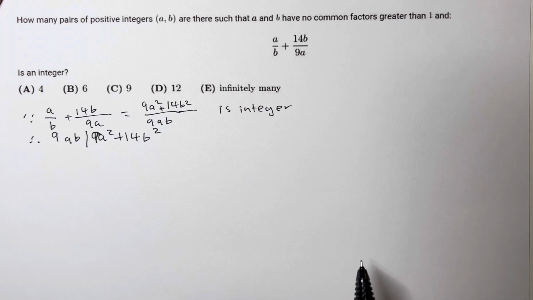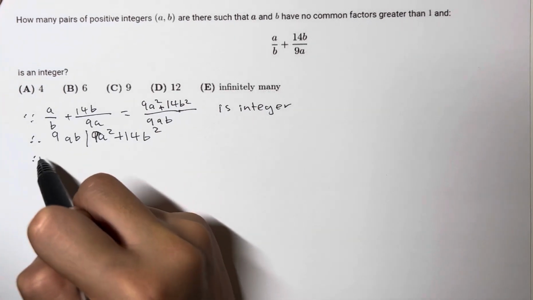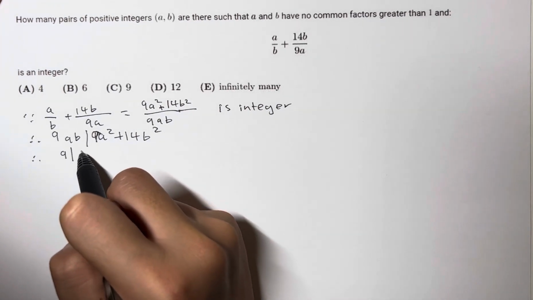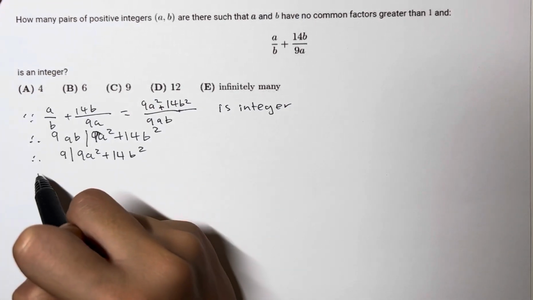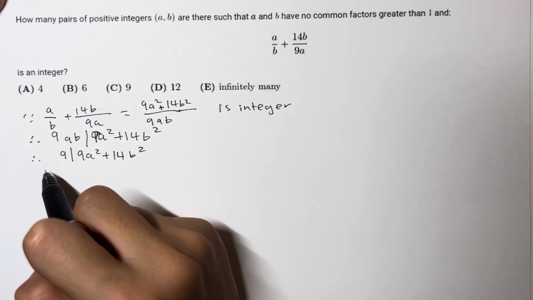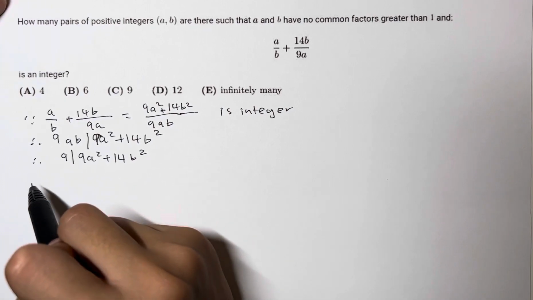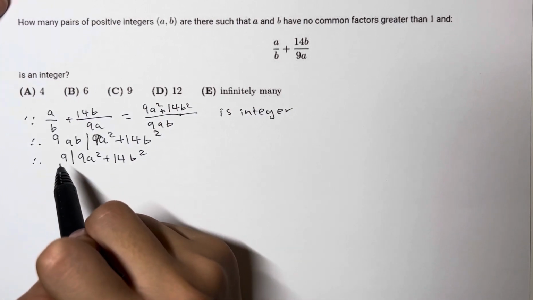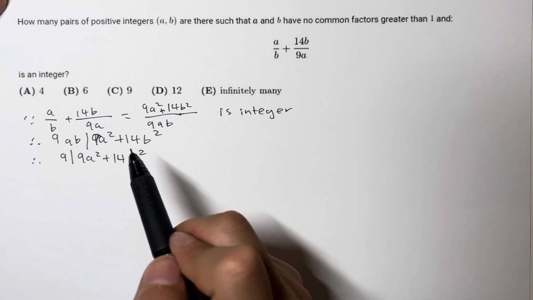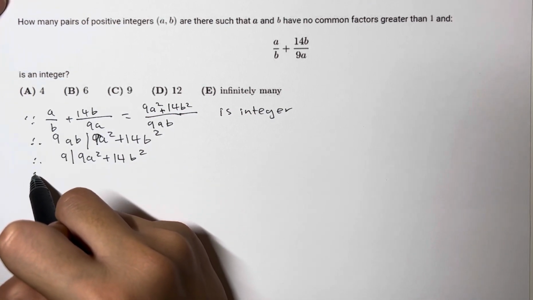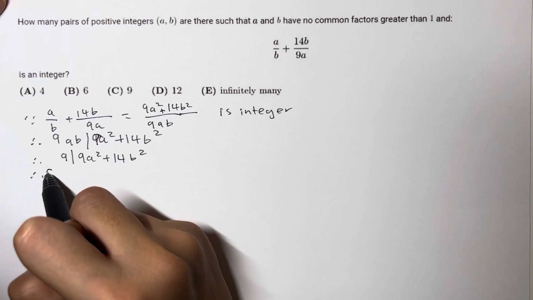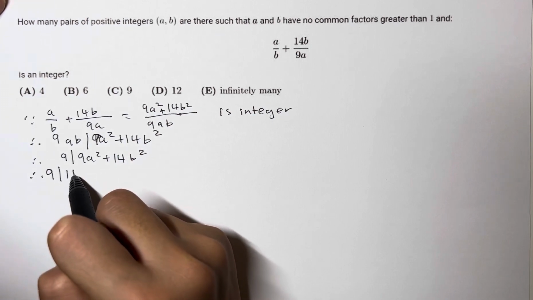So this means that 9 is a factor of 9a squared plus 14b squared. And since 9a squared is already a multiple of 9, 9 is going to be a factor of 14b squared.